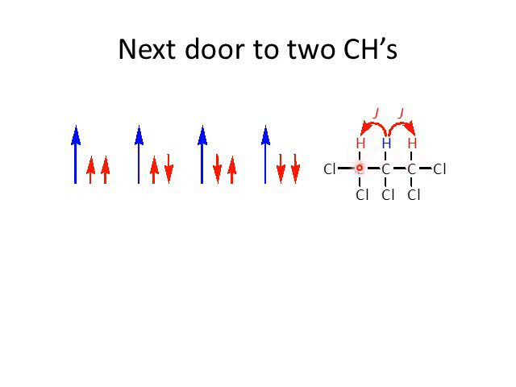So it's affected by the little magnet on this side and the little magnet on this side. But this is a completely symmetrical molecule. Cut it in half this way and this side is exactly the same as this side. And so the effect of being next door to a magnet on this side is exactly the same as the effect of being next to a magnet on that side.